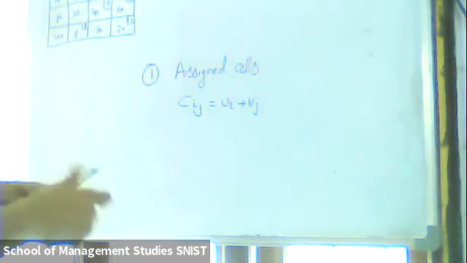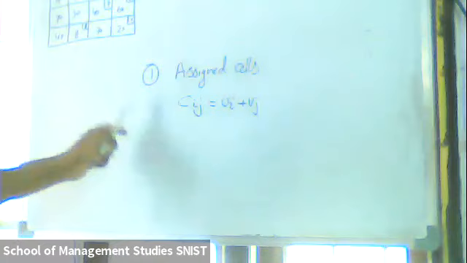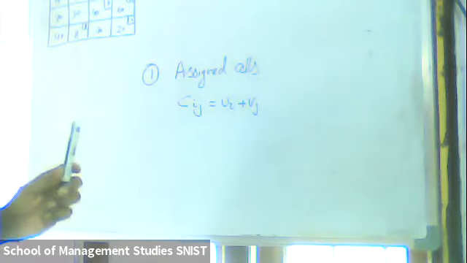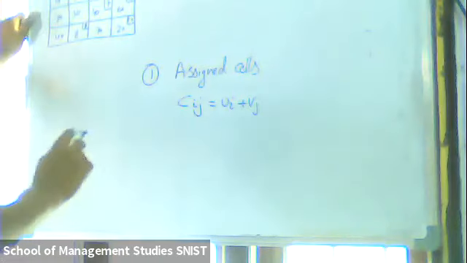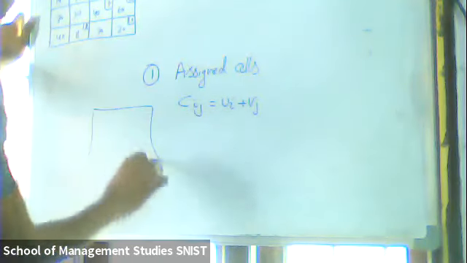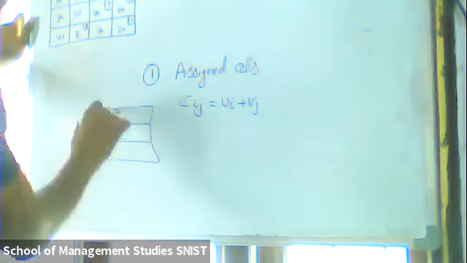See, the first step in the Modi method is to find out assigned cells. So first you have to draw the assigned cells, like this.